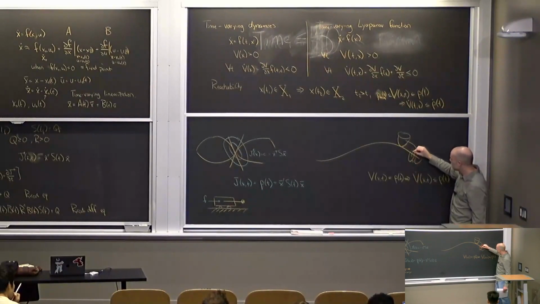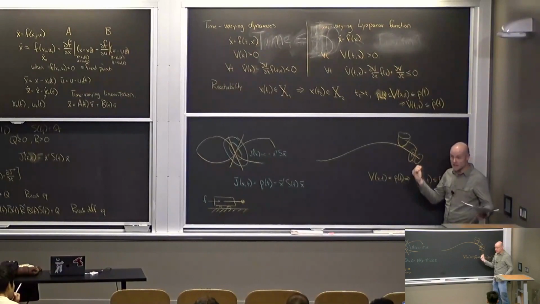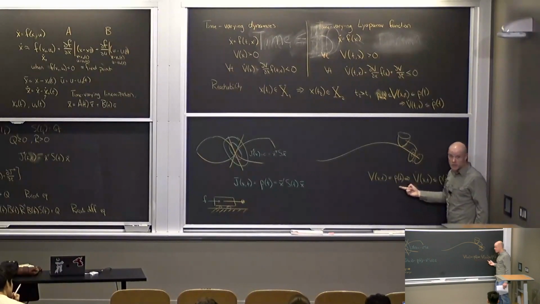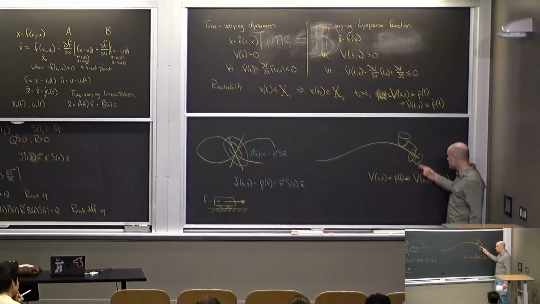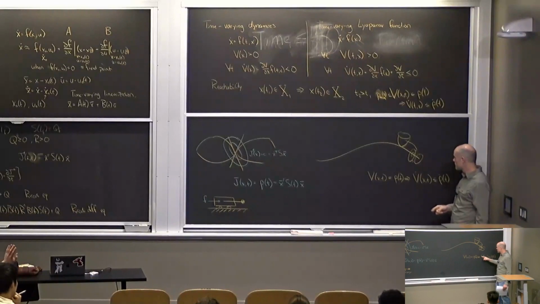That's the extreme of it, where all I'm actually certifying is that when I'm on the boundary, I'm not leaving the set. That's actually enough, and a numerically easier problem than certifying all the way to the origin. Is that sort of clear?